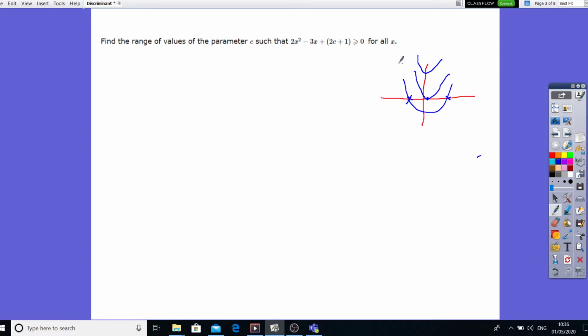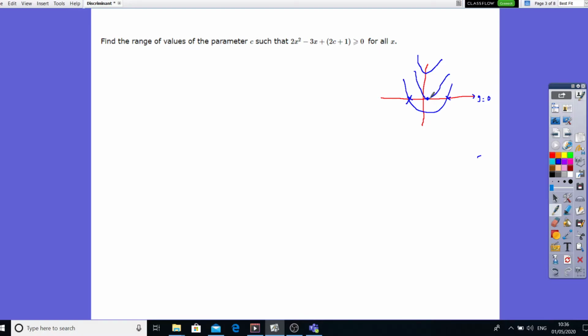So since this is a positive quadratic, it's always above this line, it's always greater than 0. But we want the scenario where it's greater than or equal to 0, so it can touch the line, the x-axis where y is equal to 0. So it can touch that line, but it has to be either touching it or above it.